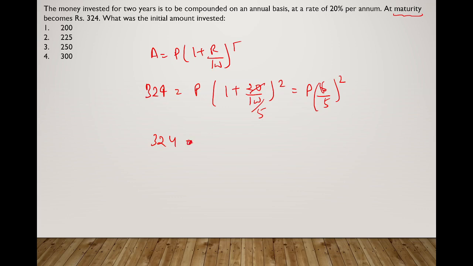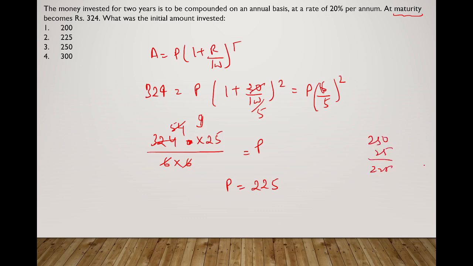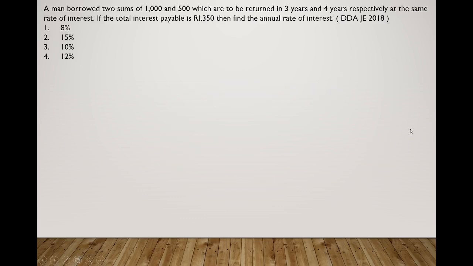All of you know, 25 divided by 36 into 324 is the principal. 36 times 9 is 324. And P becomes 25 times 9, which is 225. Simple. Option number second is right.